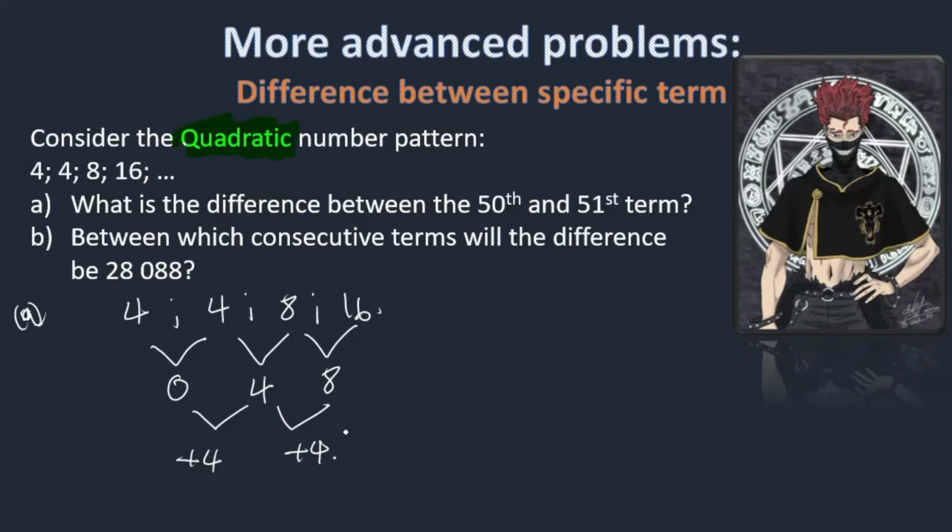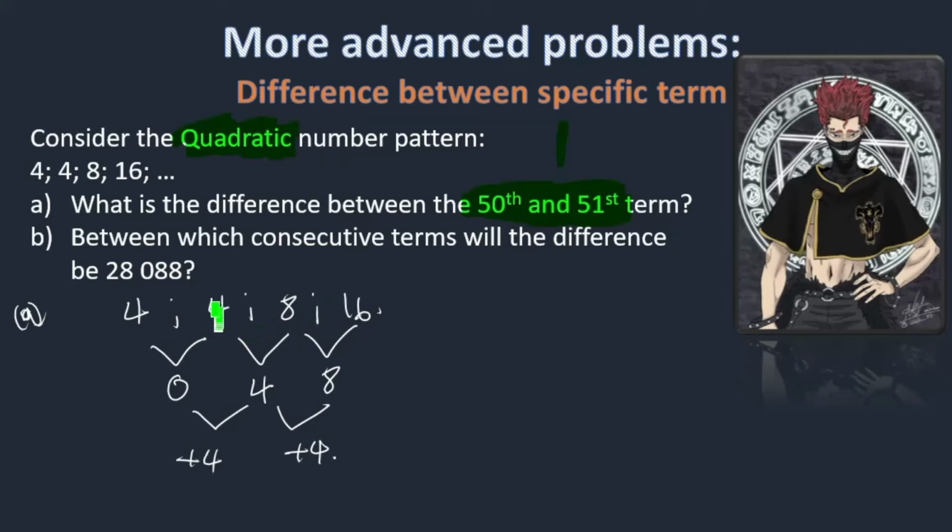Now, afterwards, they ask you a question like, this is like a banging question right off the bat, right? What is the difference between the 50th and the 51st term? Now, once you get a question like this, you want to narrow it down to what's available yet. So, before I get to the 50th and the 51st term, I want to start with the first and second term, right?